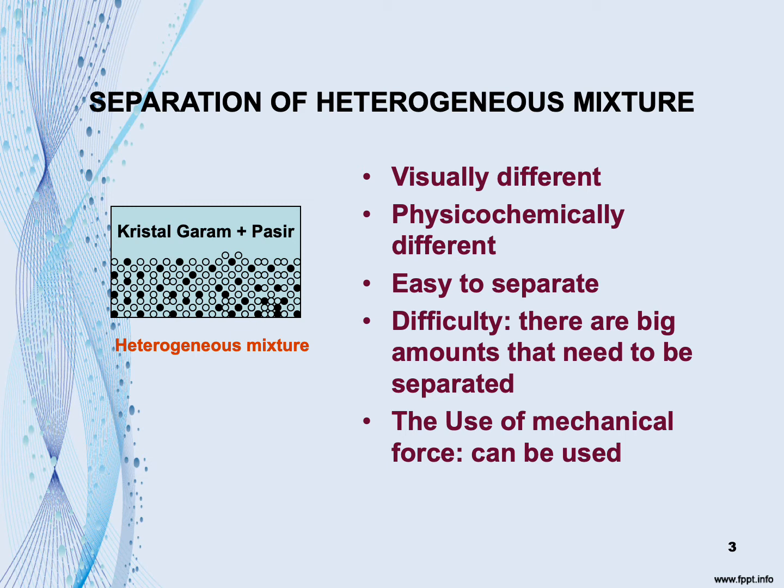We can use a centrifuge, or a strainer, which in Indonesia we call ayakan. The difficulty is actually when there is a big amount that needs to be separated. So we usually use mechanical force, for example a strainer or a centrifuge, like I said before.